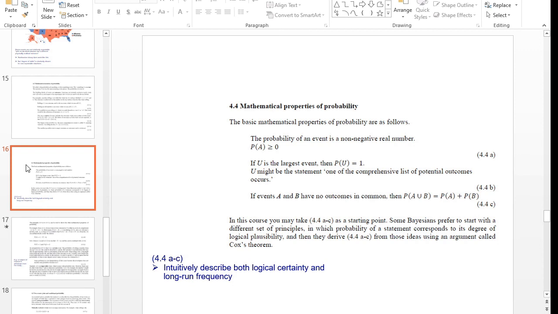But let's add one more additional comment on top of this. These are just mathematical laws, and you will notice, if you look at them again, that the laws of probability don't only describe degree of belief.